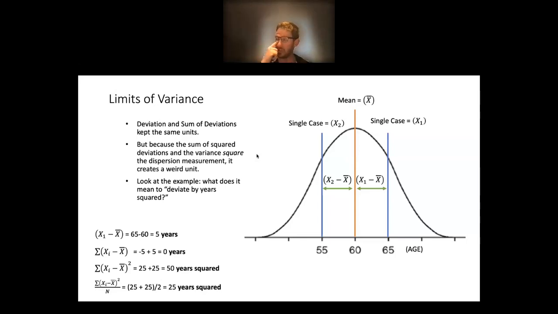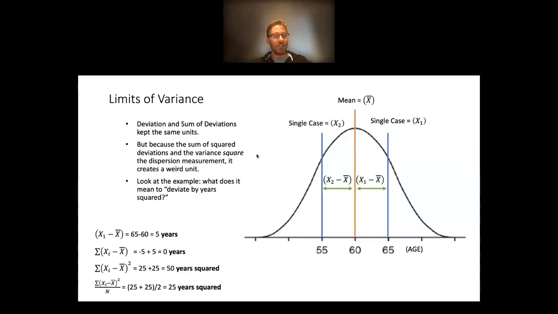So the problem is when you then square it, doing the sum of squared deviations, now you're working in units of years squared rather than just years. And that creates a question of, what does it mean that the variance is 25 years squared? That's hard to reconcile. It's hard to say this data set varies by 25 years squared. That's a weird way to think about it.